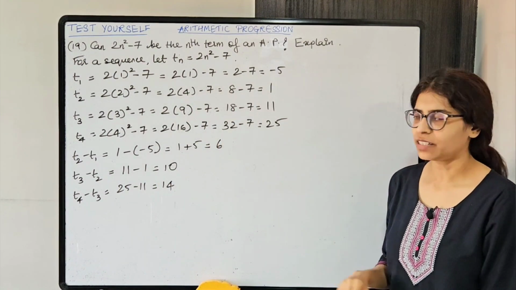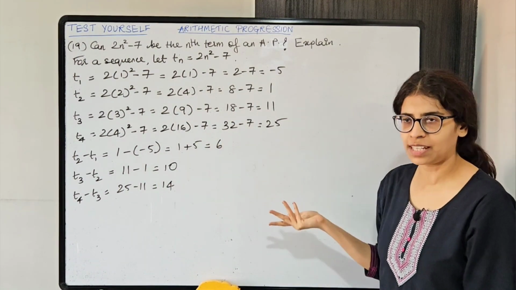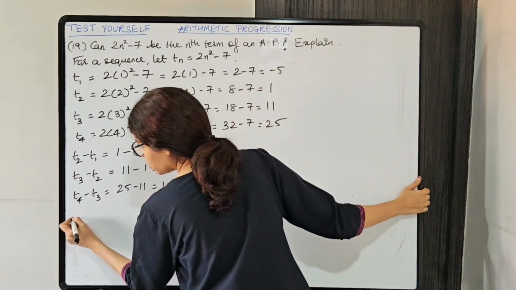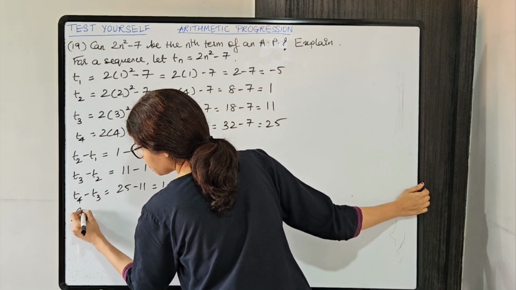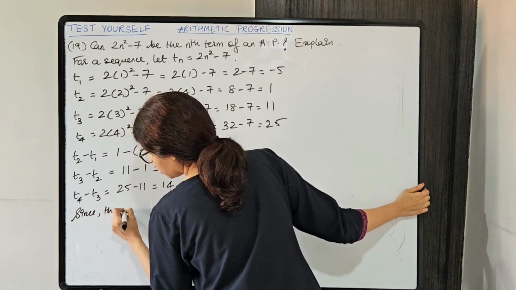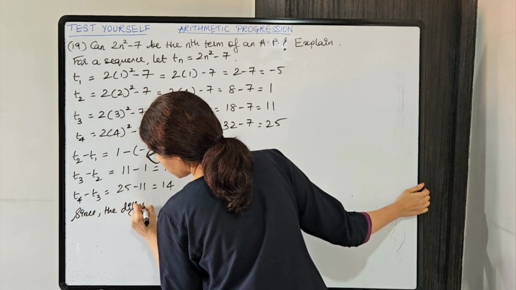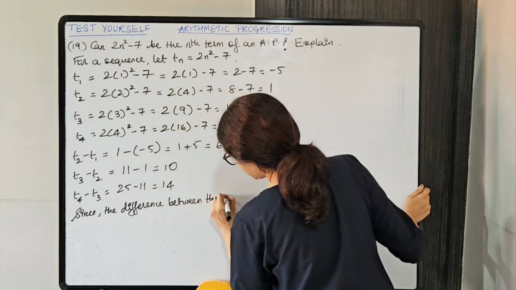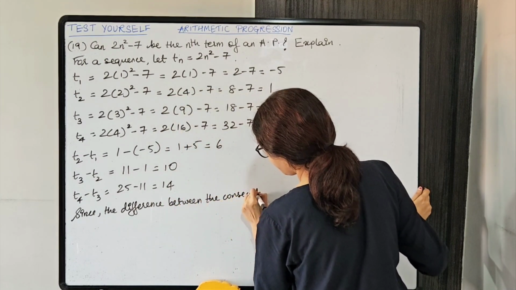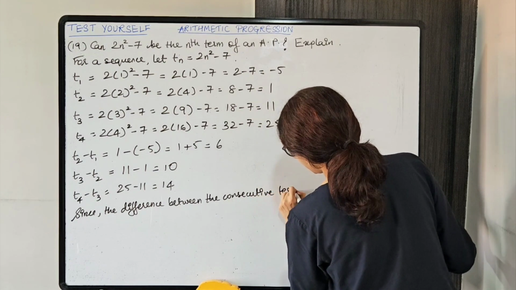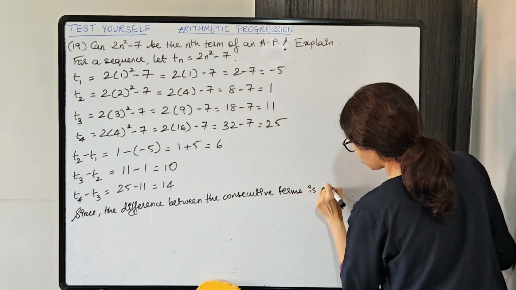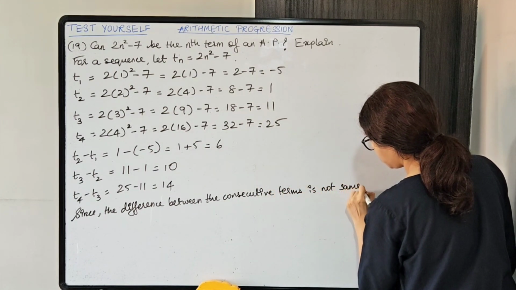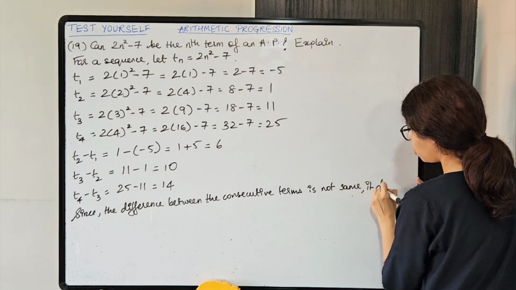So no, the difference between the consecutive terms is not same. So you write down, since the difference between the consecutive terms is not same, it does not form an AP.